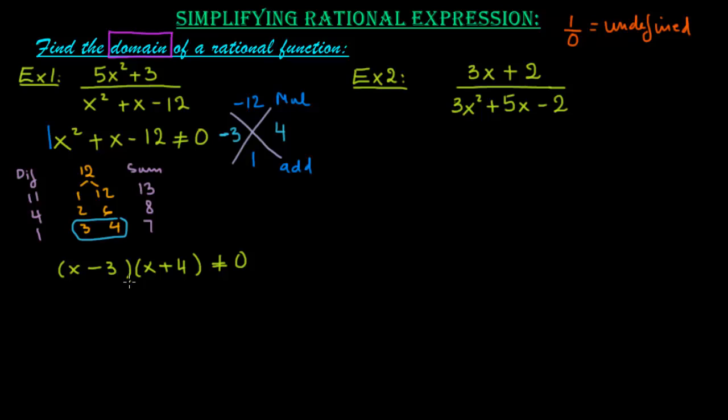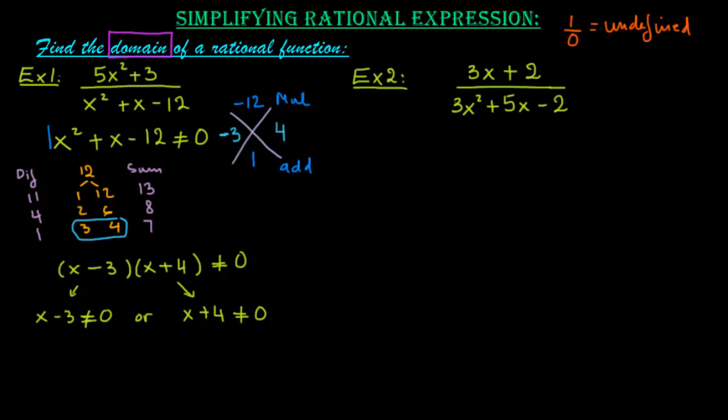x minus 3 times x plus 4 not equal to 0 means either x minus 3 is not equal to 0, which would make the whole thing equal to 0, or my bad, it should be not equal to 0. Or the second factor, x plus 4, is not equal to 0. So we have two conditions: x minus 3 not equal to 0, or x plus 4 not equal to 0.